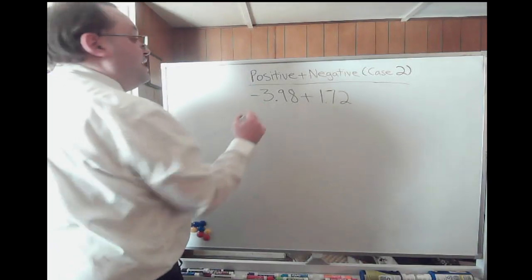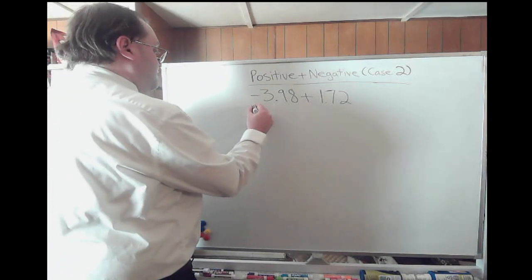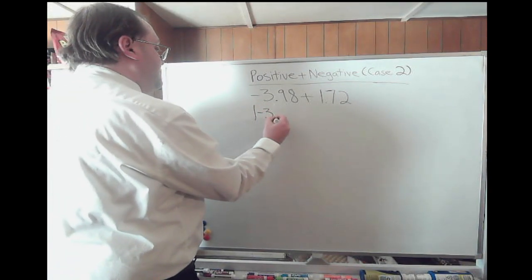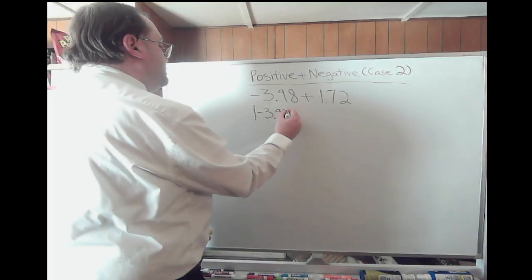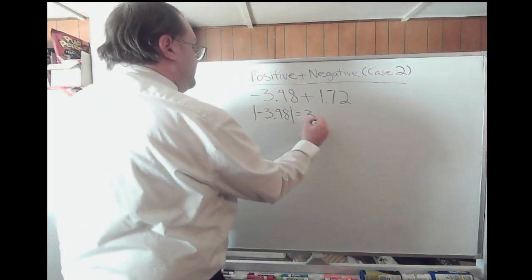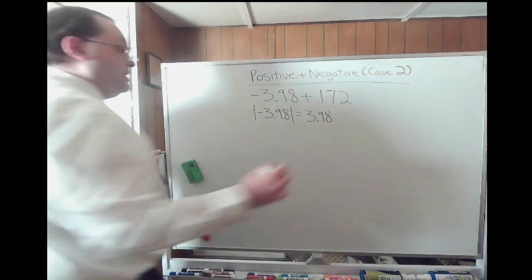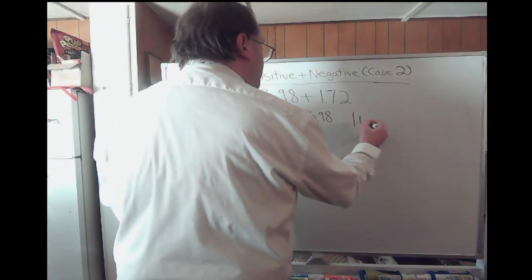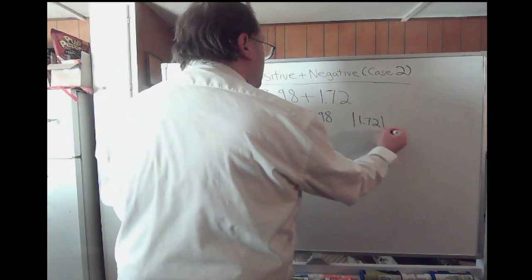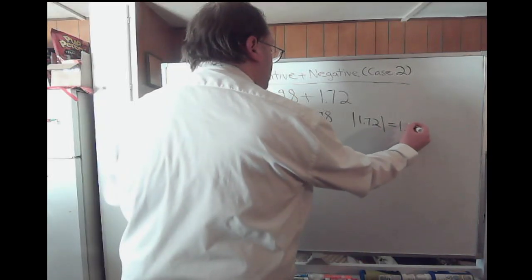Well, let's go ahead again, find the nature of your solution first. Take the absolute value of negative 3.98, which would give you positive 3.98. And then take, of course, the absolute value of 1.72, which would give you 1.72.